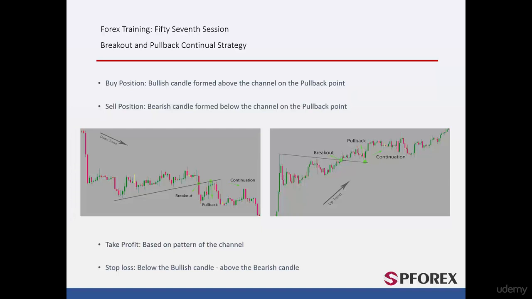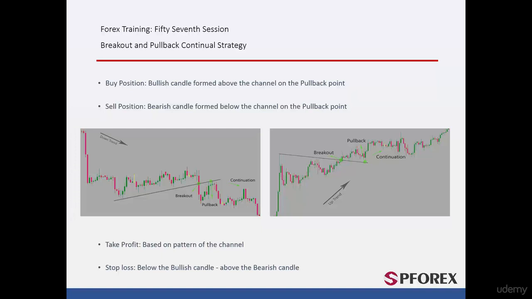A trader could place a buy order over the bullish candle that has formed completely. A bullish flag pattern had formed in the channel, so a trader could determine TP amount by measuring the height of the first wave, H.